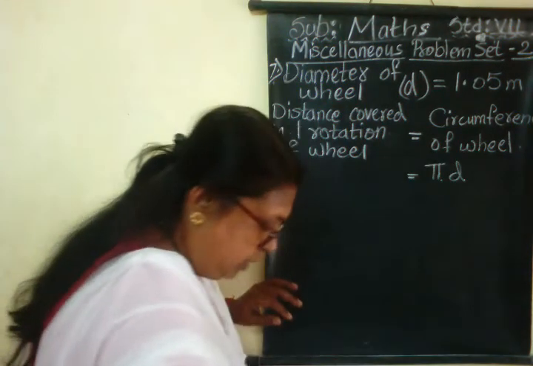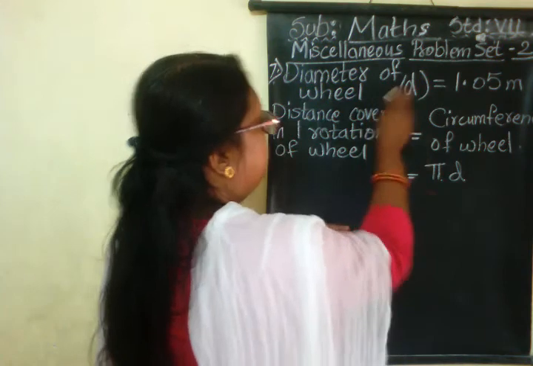Circumference of the wheel is pi d, since d is given.